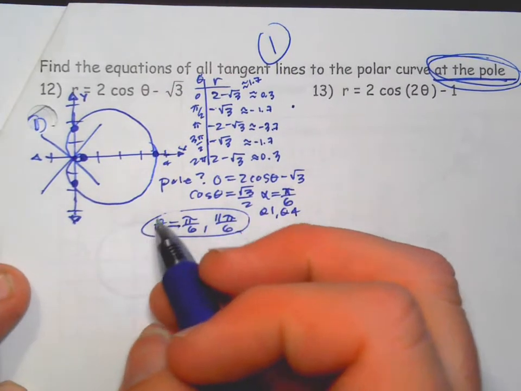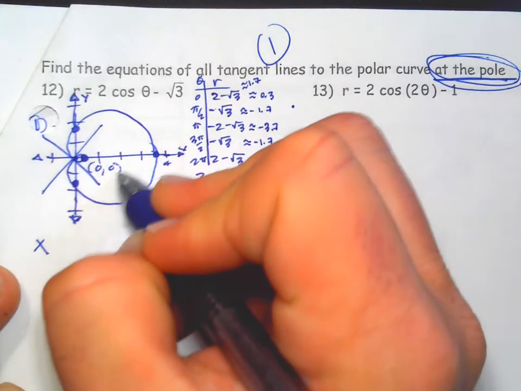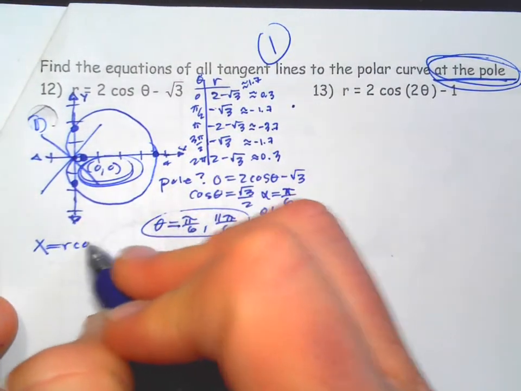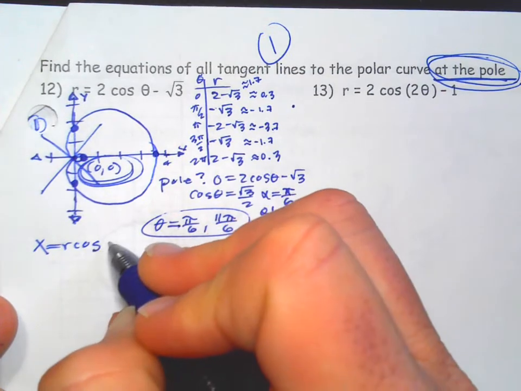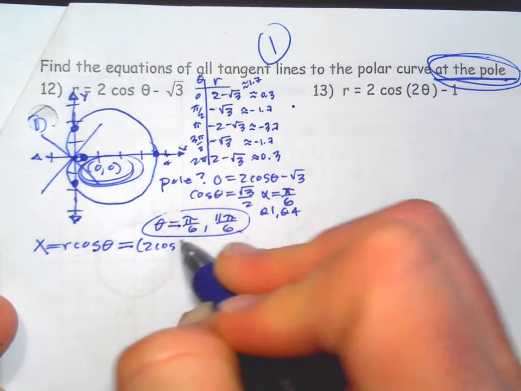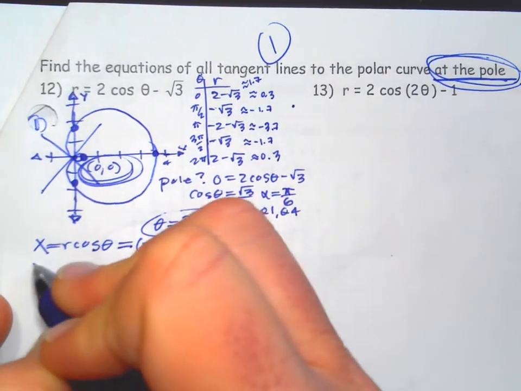Okay, so we already have the x and y values. We already know it's 0, 0, so that helps. But we do need to do x equals r cosine theta. Well, we could probably even skip this. We can use the shortcut. I'll write it down.